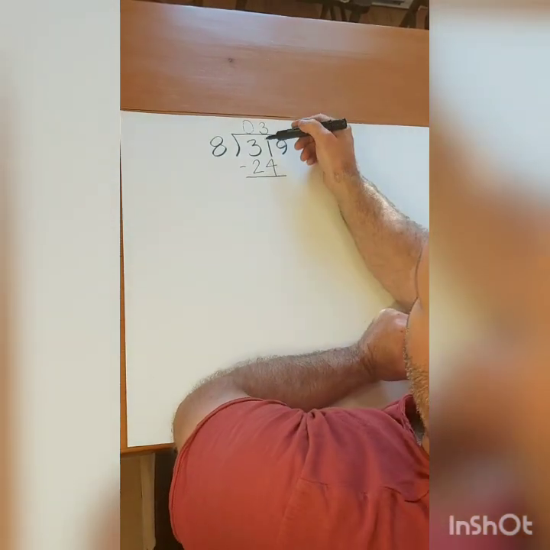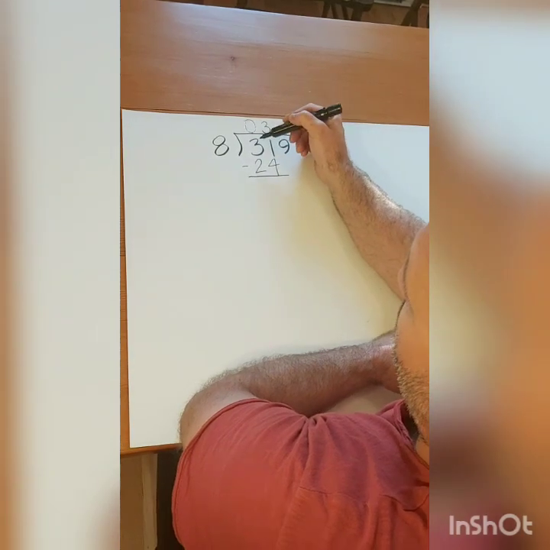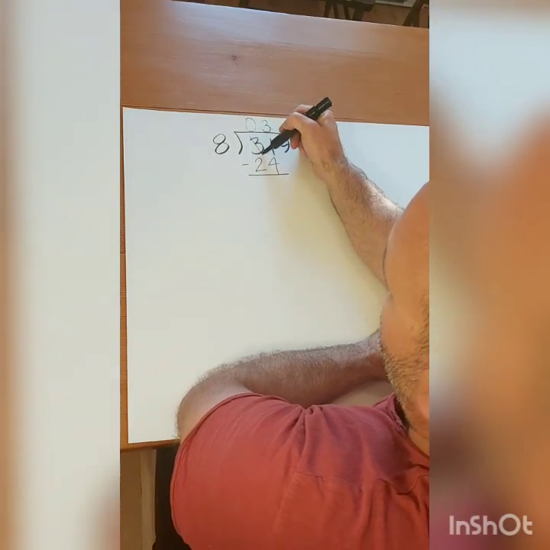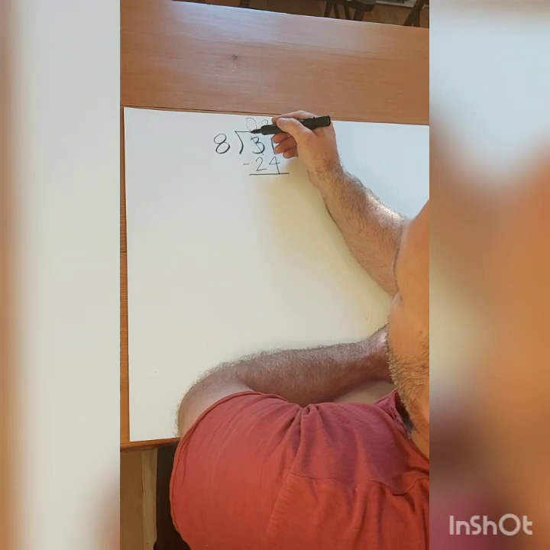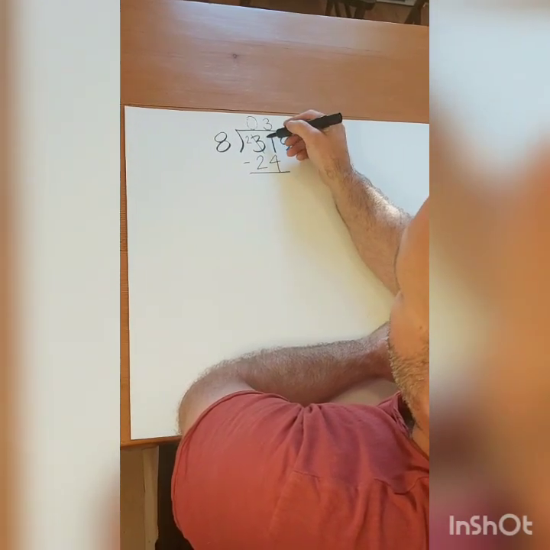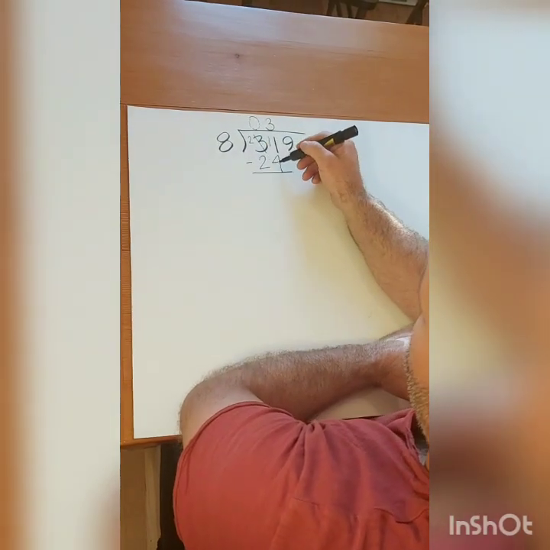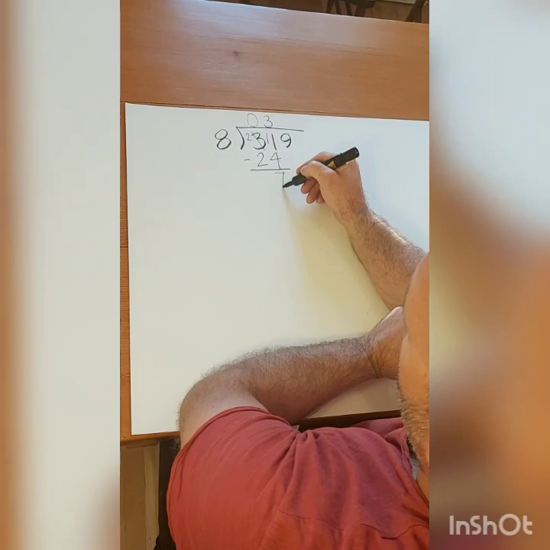Here, I start in the ones column, and I cannot subtract 4 from 1, so I must regroup. So I'm going to borrow a group of 10 from the 3s. This will leave me 2 here. I take my 10 next door, and now this becomes 11. 11 minus 4 is 7.